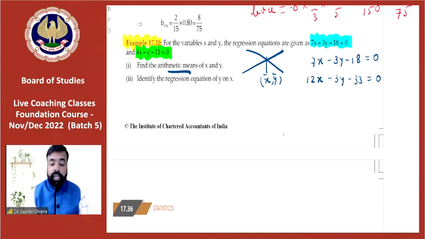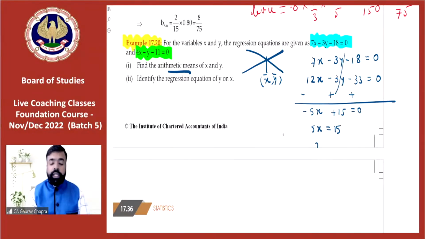Now we can subtract them. So change the sign. Signs are changed. So minus 5x, y is cancelled, plus 15 equal to 0. So 5x is equal to 15 and value of x will be 3. So in this manner, we can easily find out the value of x.